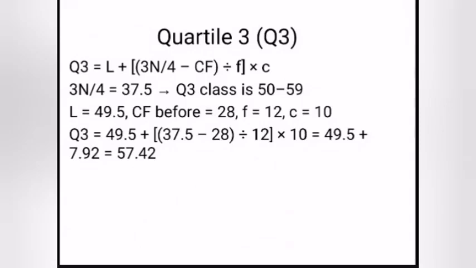So we've gotten 49.5 plus, you work out the brackets. When you work it out, you have 7.92. Then when you add it to the lower class boundary, your answer is 57.42. So that's for your upper quartile, which is the same thing as quartile 3.